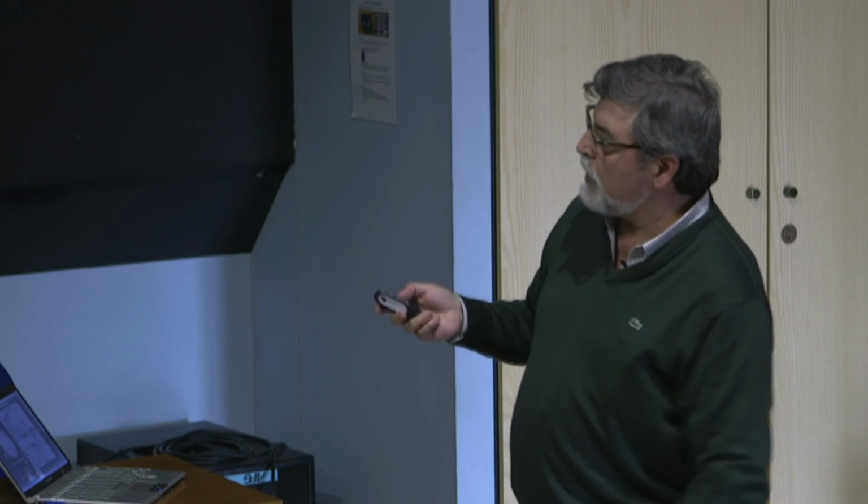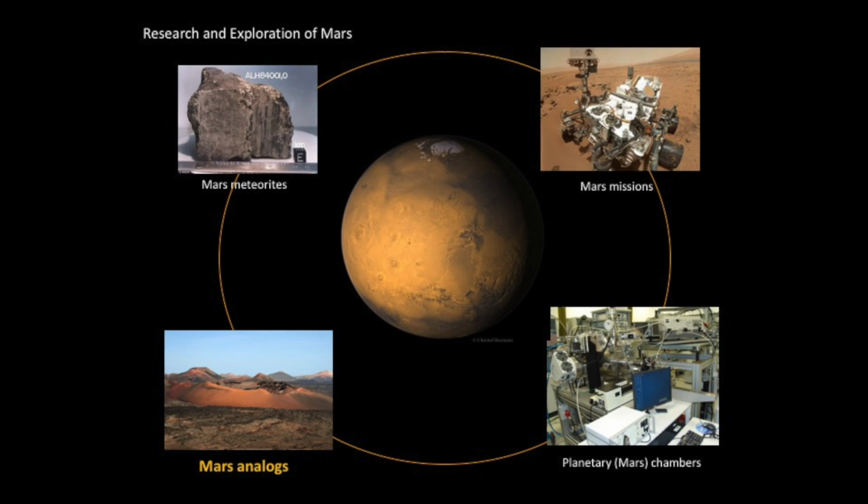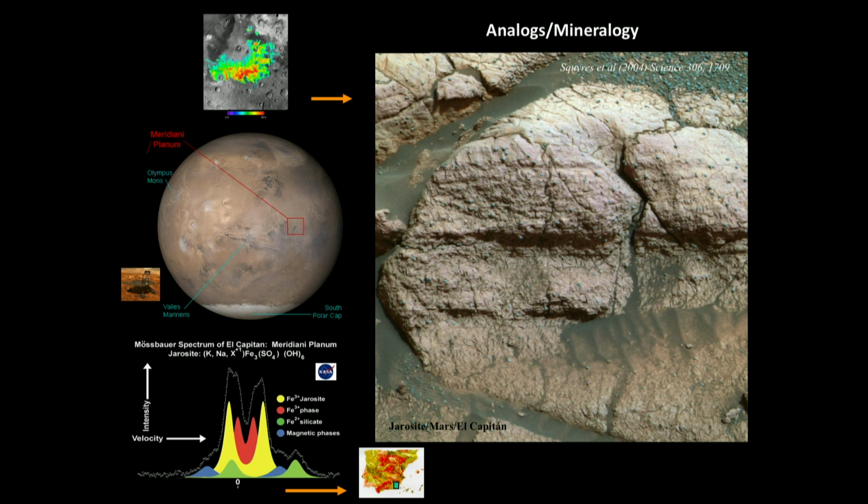The Spirit was sent to the Gusev crater, and the Opportunity was sent to an area in which hematite had been discovered by Phil Christensen and other authors, a hydrothermal area.